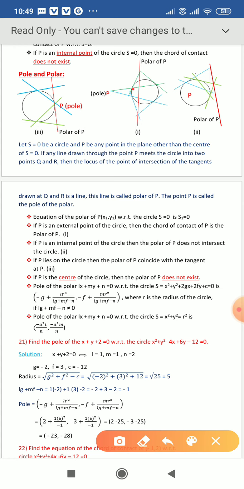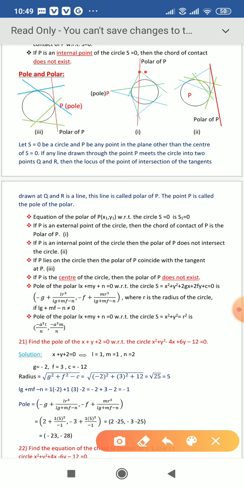Roughly, this is one point and this is another point. At these two points we draw tangents. This is one tangent and this is another tangent. These two tangents intersect at one point. This is the point of intersection of the tangents.